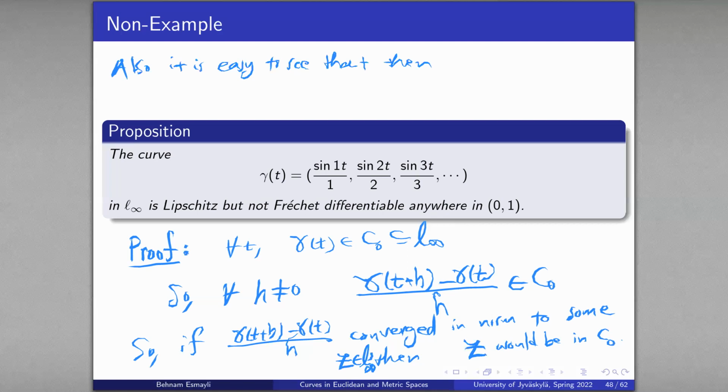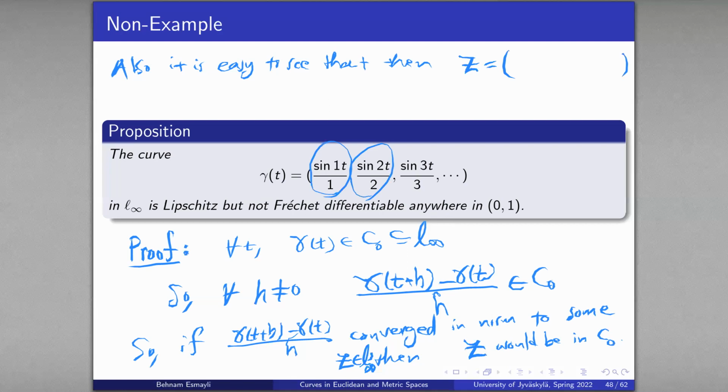Also, it is easy to see that z would have to actually be the component-wise derivative, and that is something that needs to be done. But if these quotients converge, then in every component they have to converge. And if you write the quotient for one component, that is just the usual definition of the derivative of a real valued function.